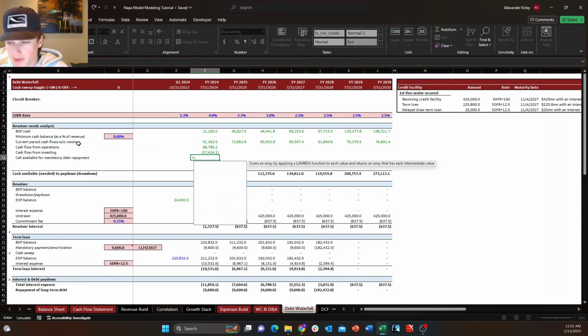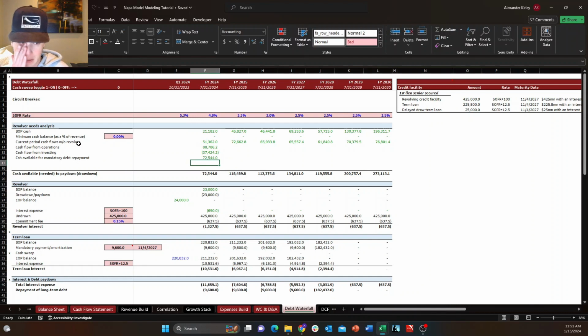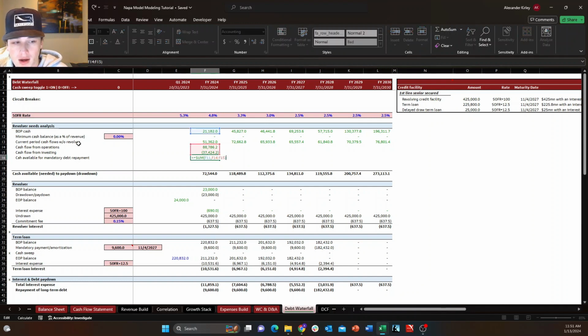What we're going to do here is take the sum of our beginning of period cash, our cash from operations, and cash from investing. And this number gives us what we have available for our pay down.